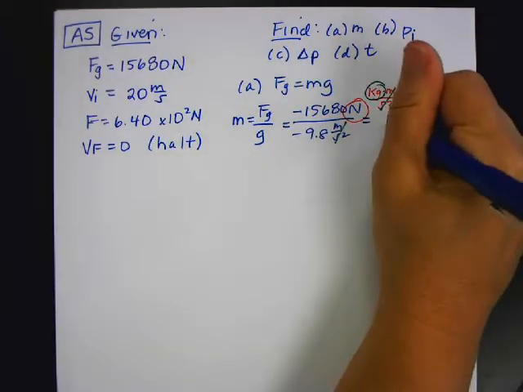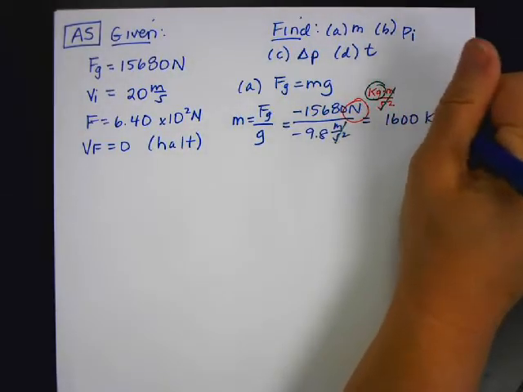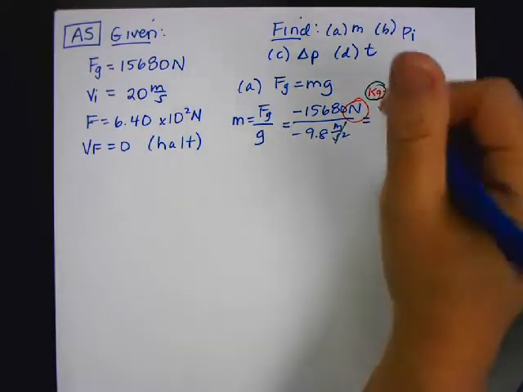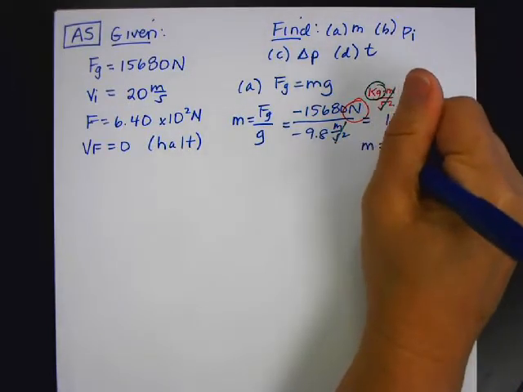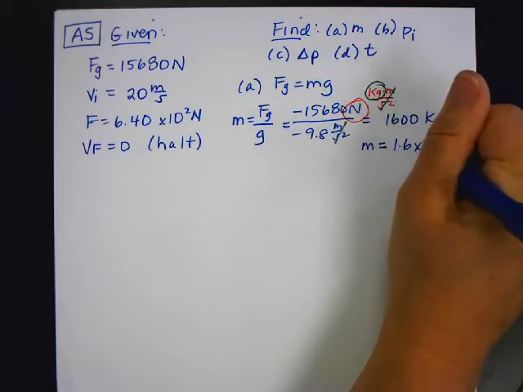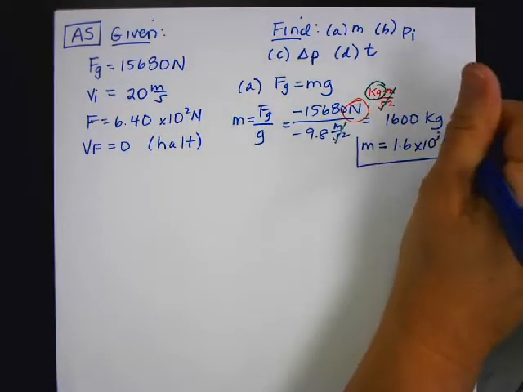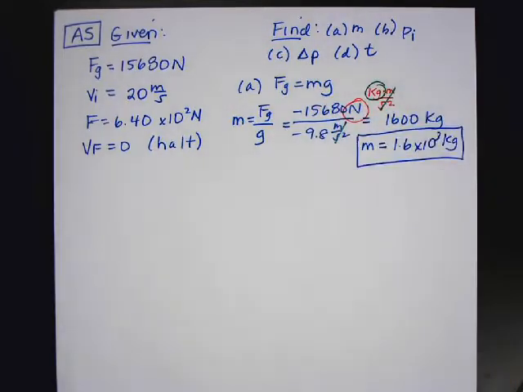So when I do this on my calculator, it says 1,600 kilograms, and then in my correct significant figures, I would have the mass as 1.6 times 10 to the 3 kilograms. So that's part A.